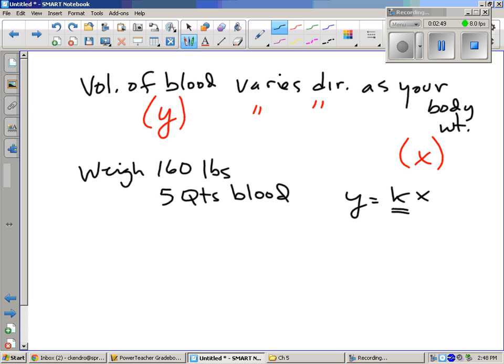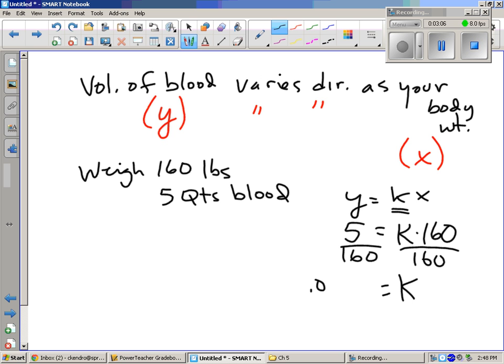So let's plug in what we have. Y is the volume of blood, so we have 5 quarts of blood. K we don't know. X is your body weight, which we said was 160. So divide by 160, and on my handy dandy calculator, I get that to be 0.03125. So that's the constant of proportionality, or constant of variation.